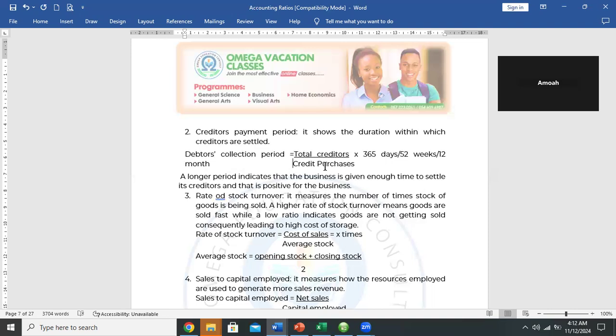I think I'll ask Prof. Ifya this because she's here now. Prof. Ifya, if somebody owes you and it takes you 2 days to collect your money in one scenario, and in another scenario, it takes you 10 days to collect your money, which of them would you say is efficient?